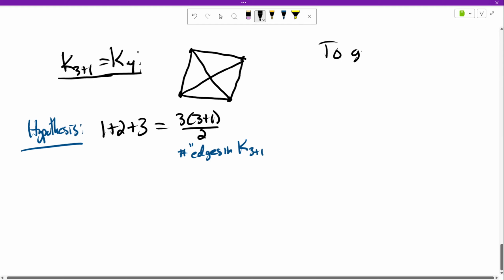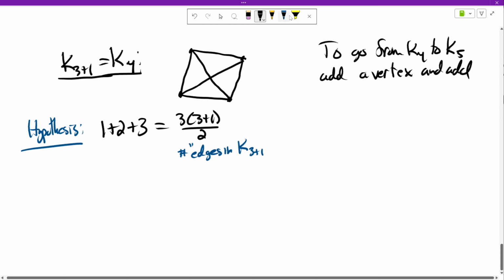To go from K4 to K5, we will add a vertex and add how many new edges. So over here, maybe in gold, I'll put our new vertex. How many new edges are we going to have to add? Well, we're going to have to add 1, 2, 3, 4.